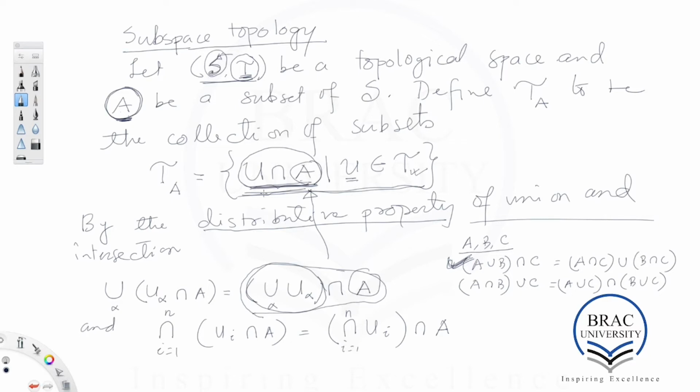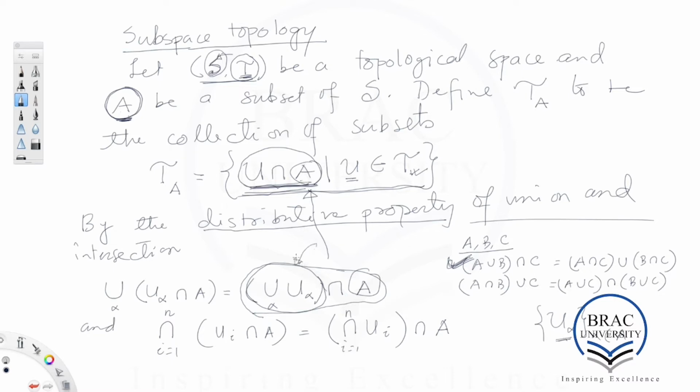Because U alpha is an arbitrary collection of open sets in this topology, and the union of an arbitrary collection of open sets is again open.